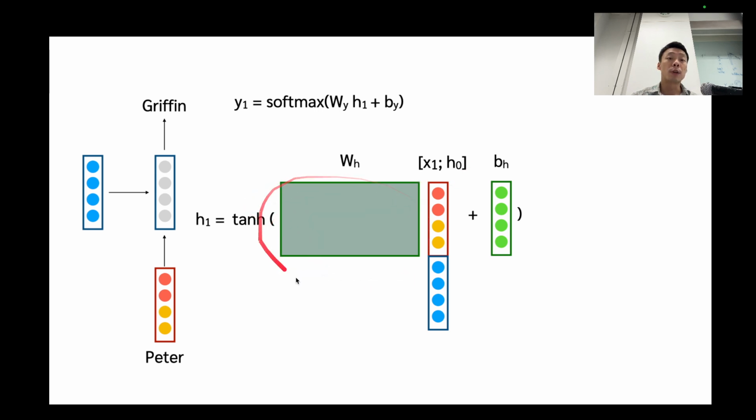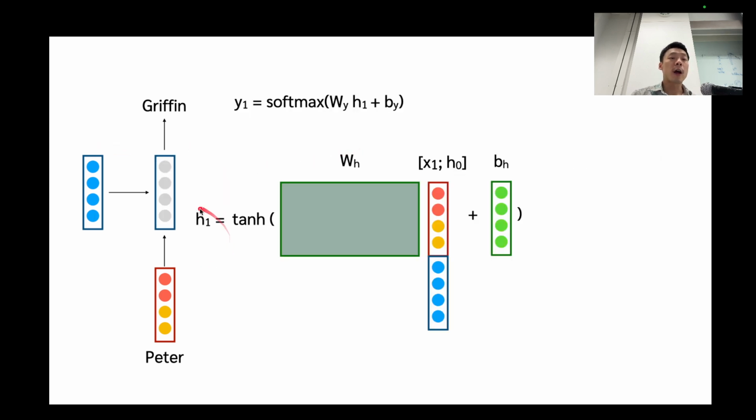Multiply that with W. So H1, this is a hidden layer. What the hidden layer does is it tries to combine the embedding and this guy, which is the context vector. We will call this a context vector.